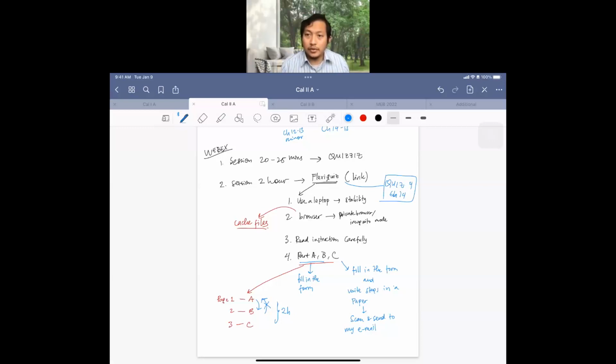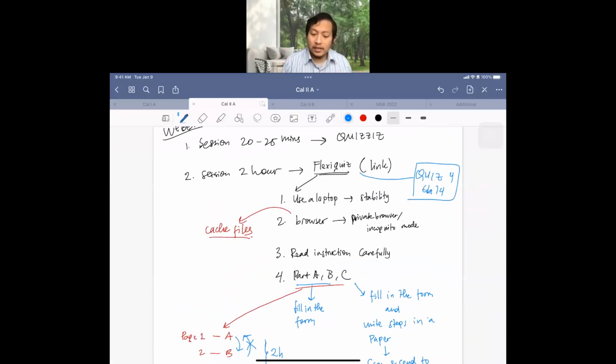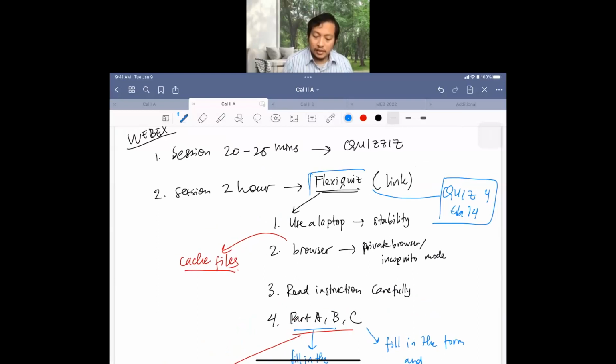That's what we have for our finals. You can open your notes, but please be careful. When you open the Flexi quiz link, you can just click one time.